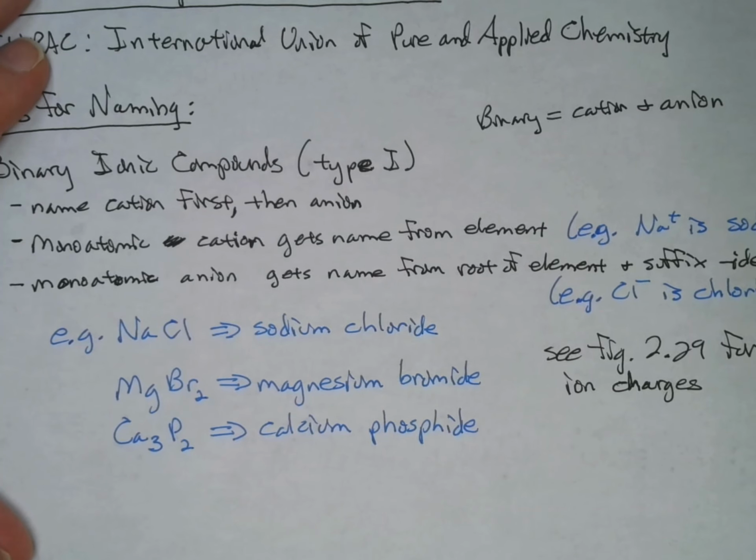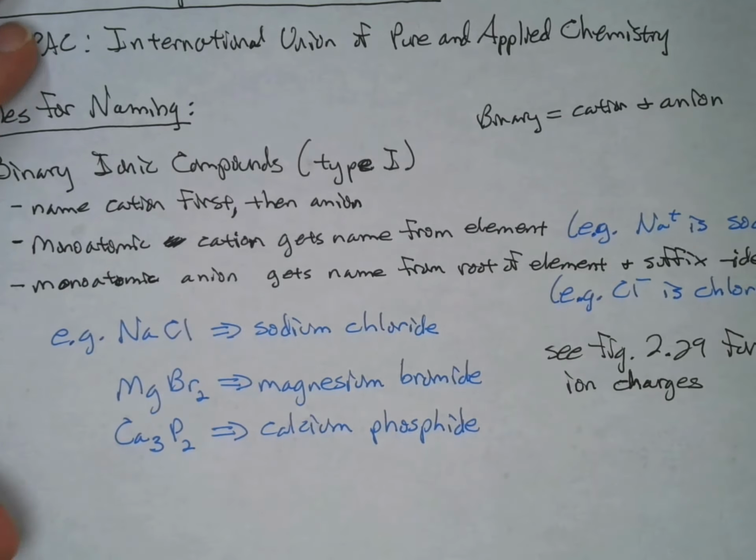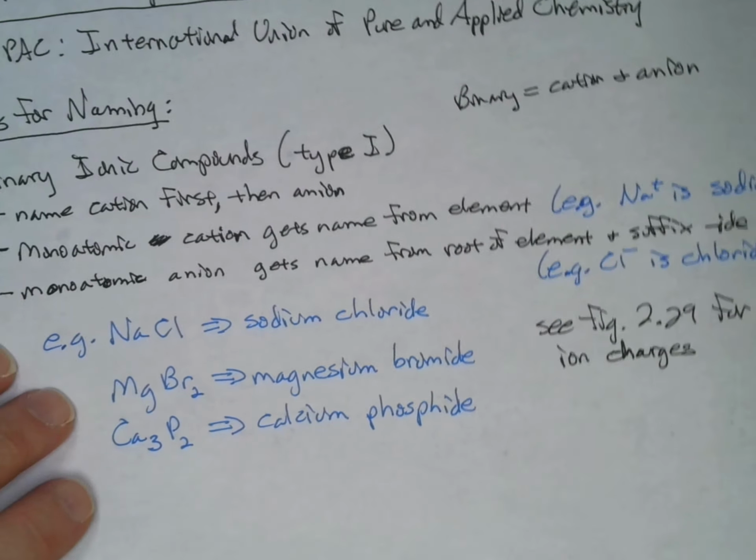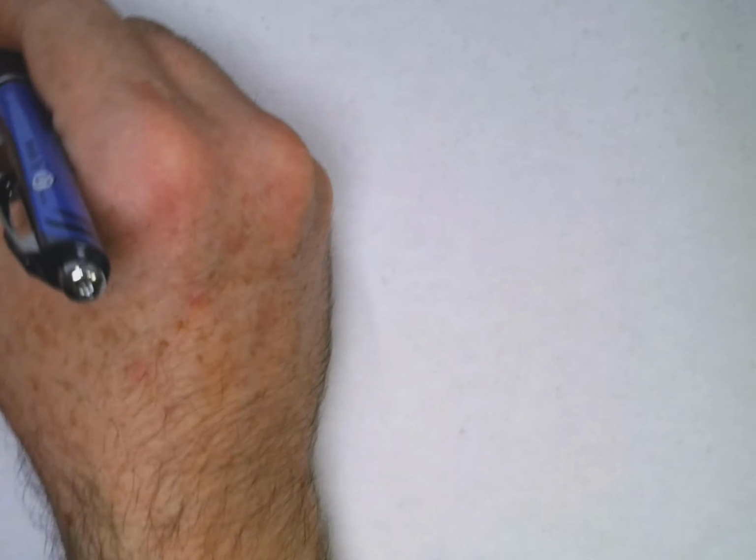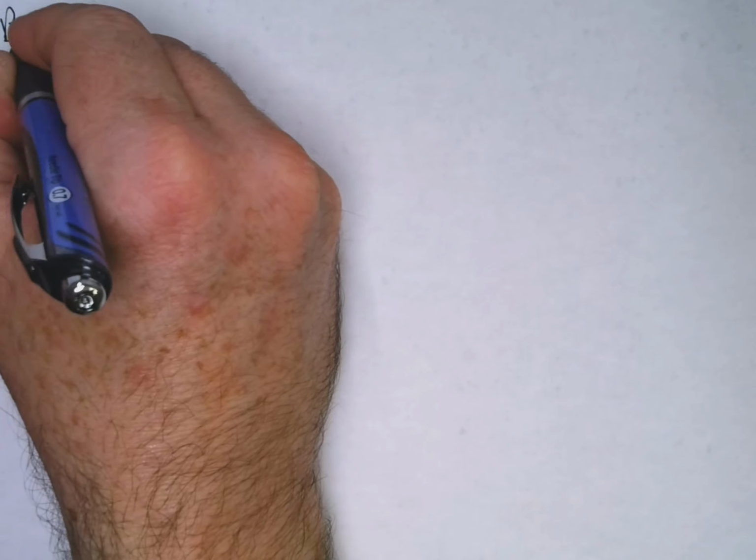And that's where we get into the type 2 binary ionic compounds. Let me zoom out here. I forgot I needed to zoom out.